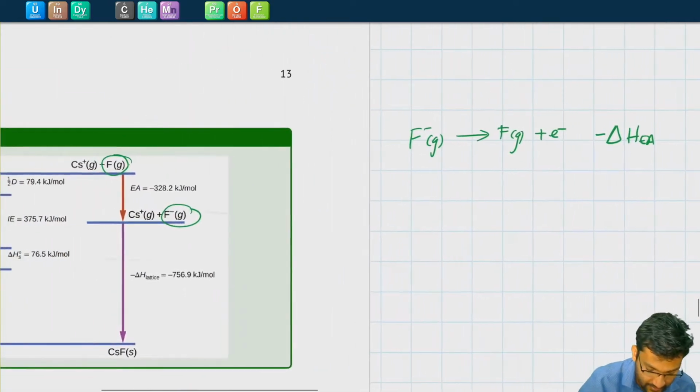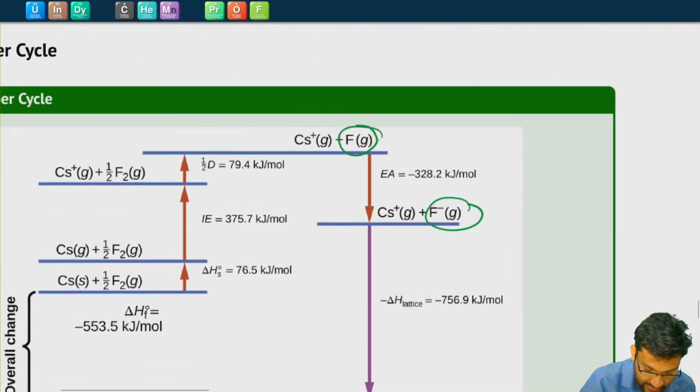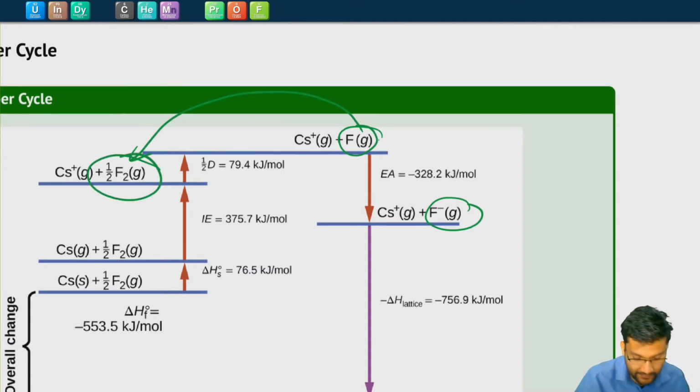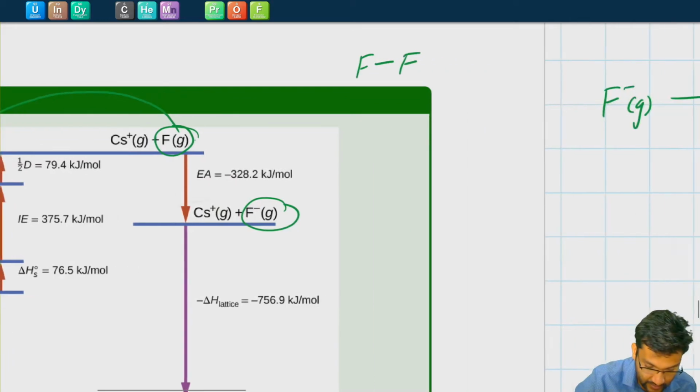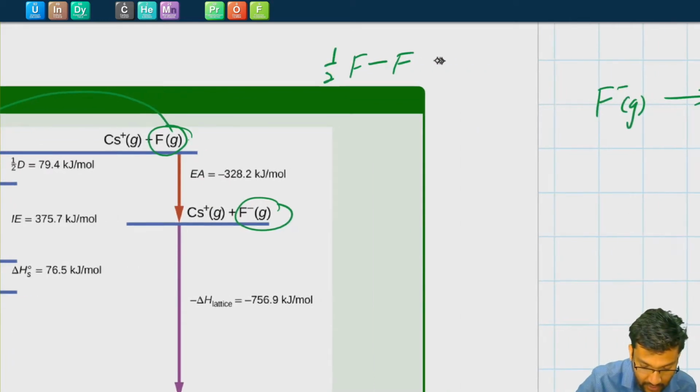Now we're going backwards. In this step, we went from a fluorine gas atom to half of a fluorine gas molecule. The forward step right here was we take half of a fluorine molecule and we break it apart into one fluorine atom.